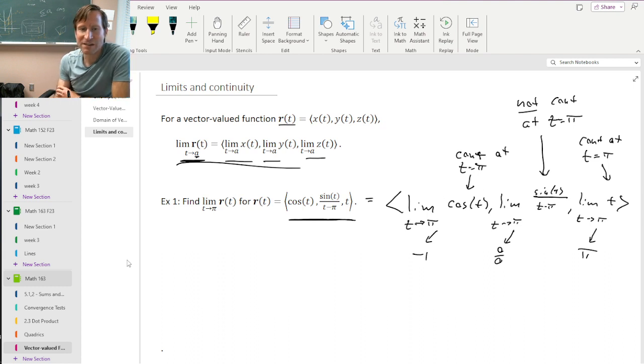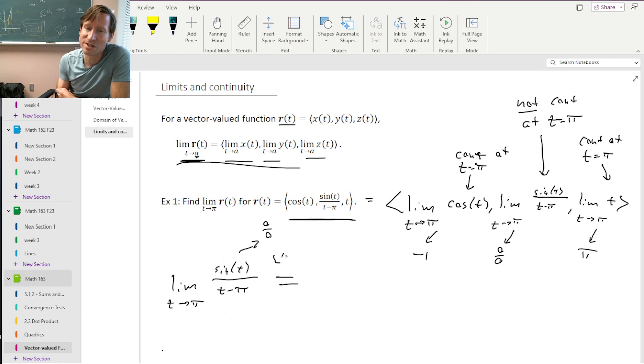So we're going to have to work a little harder to figure out the limit in the middle. The limit as t goes to pi of sine of t over t minus pi gives us 0 over 0 if we just try plugging in t equals pi. But remember, if you get 0 over 0, this is a situation where we can use L'Hopital's rule.